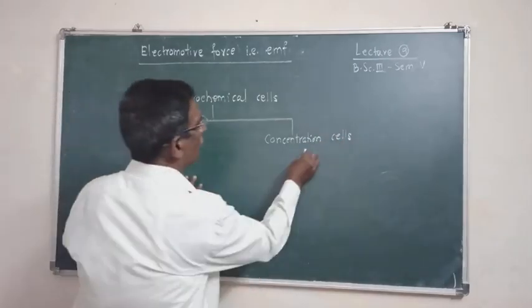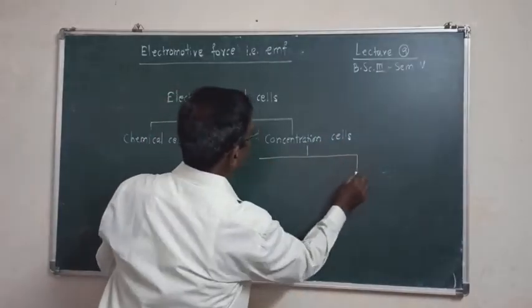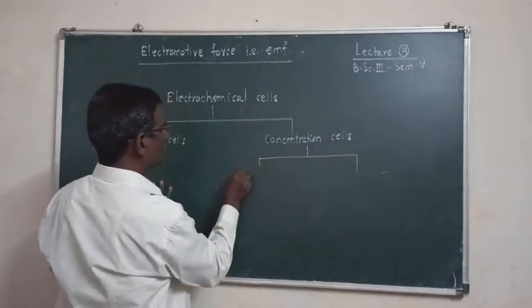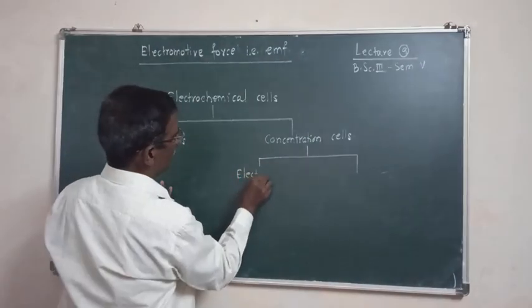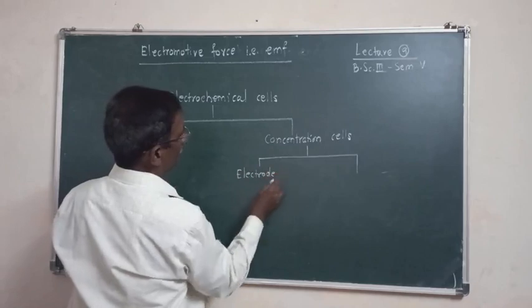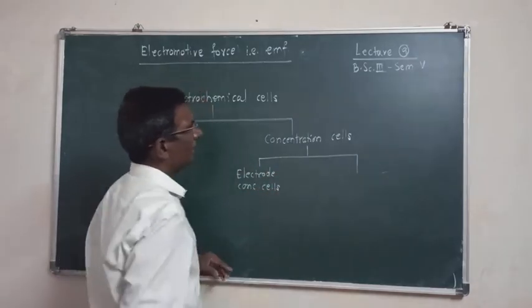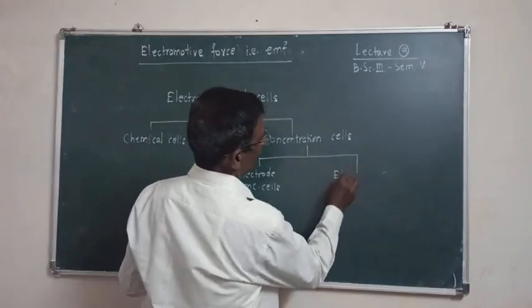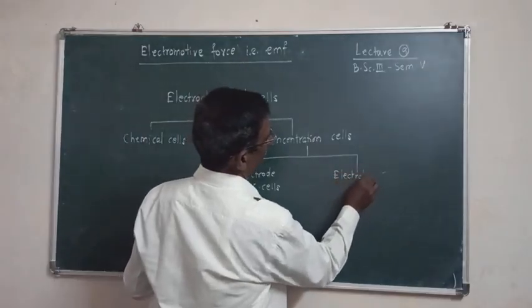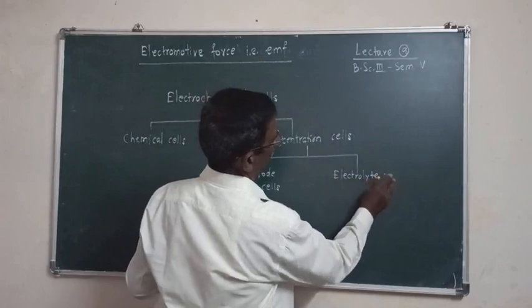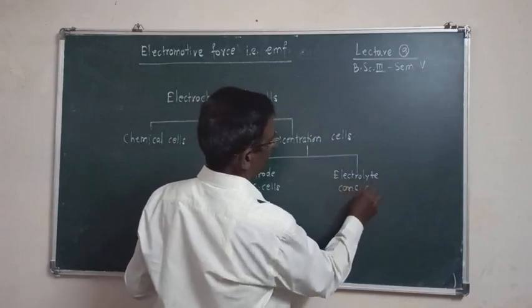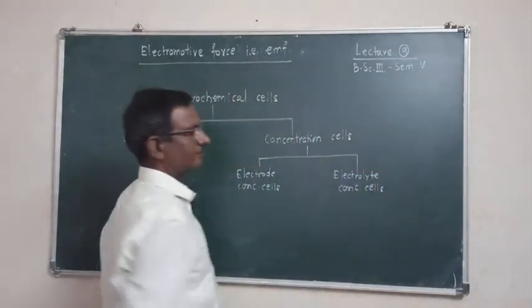Concentration cells also consist of electrode concentration cells and electrolyte concentration cells.